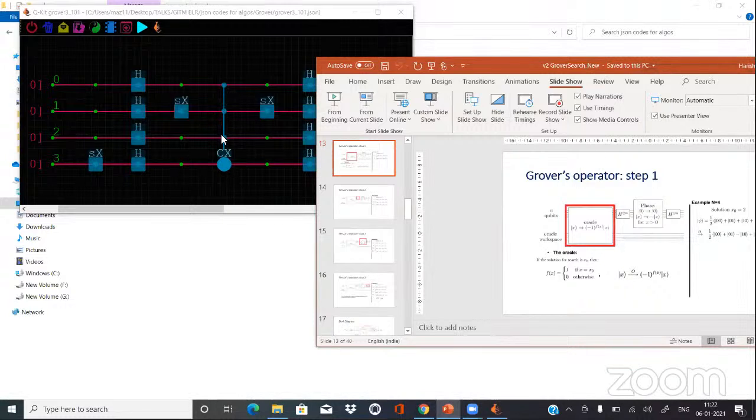These 3 qubits are ANDed and they are XORed with this 4th qubit. So these 3 qubits are giving an impression of fx here. In this way, we have implemented fx and XORed this fx with this qubit.